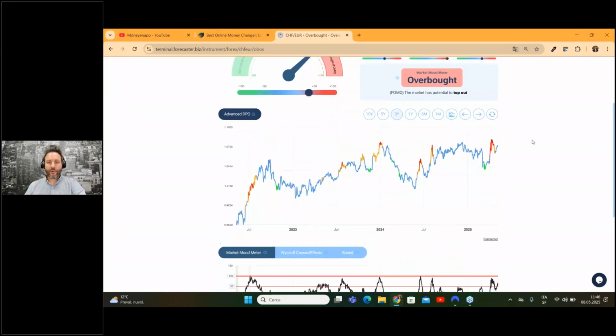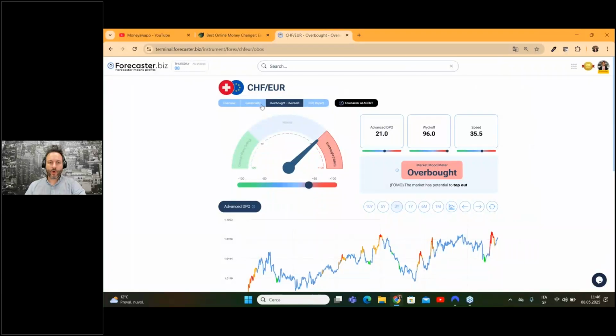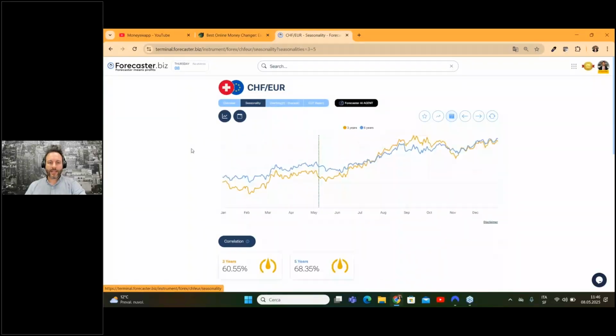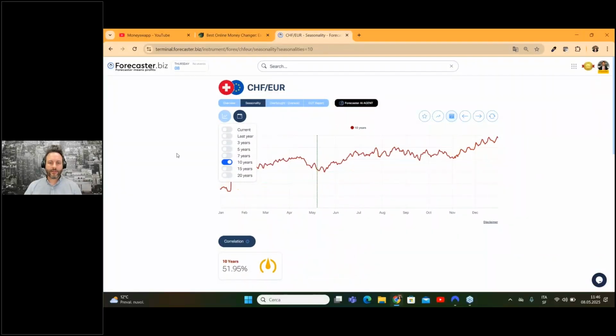For how long? We have to look at, for example, the seasonality. Seasonality is really interesting because in this chart, if we put 10-year, what you are looking at right now with this red line is not the Swiss franc against the euro, but the average of the Swiss franc against the euro in the last 10 years.